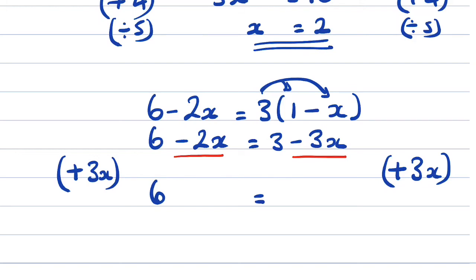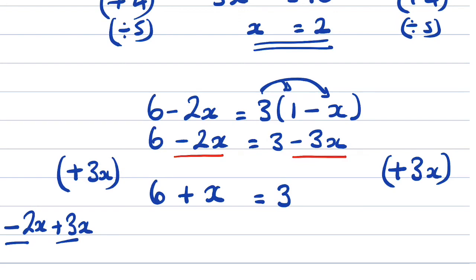You can just do a calculation like negative 2 add 3, which will give you a positive 1x. But in algebra, remember, you don't have to put the 1 in. So the 3x has disappeared from the right hand side, and now we are left with just 3 on its own.